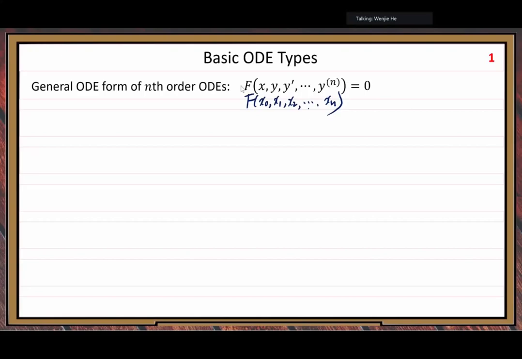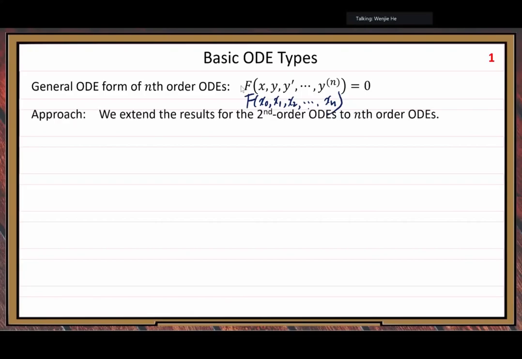Now you just do some simple substitution. Replace x0 by x, x1 by y, x2 by y prime, and so on. So you treat it in that way. All right, this is the general form.